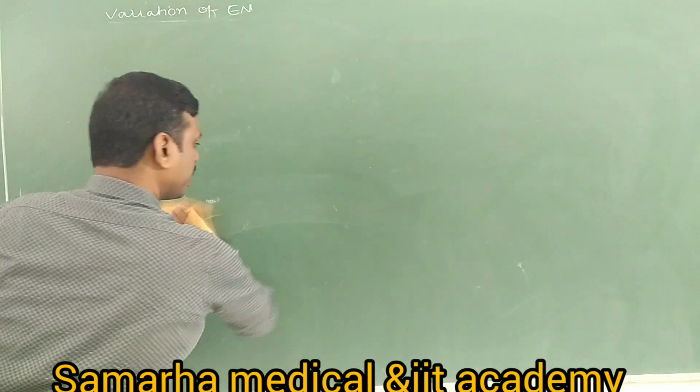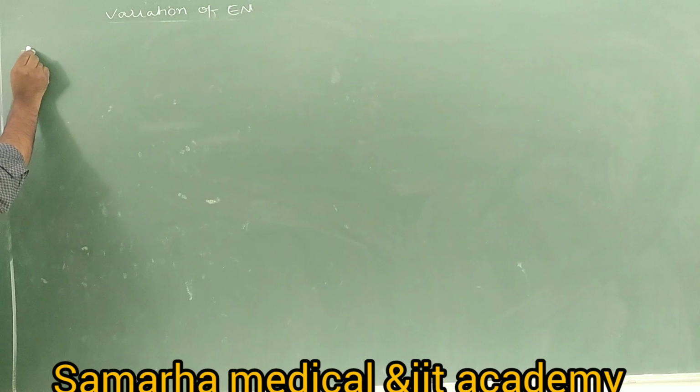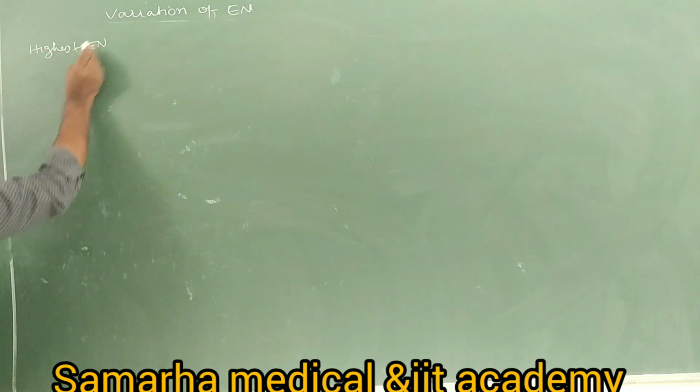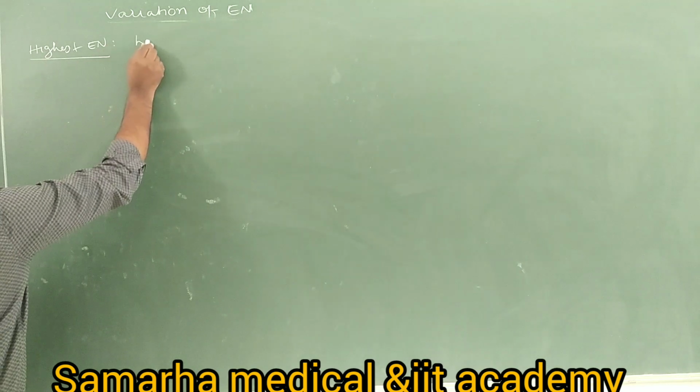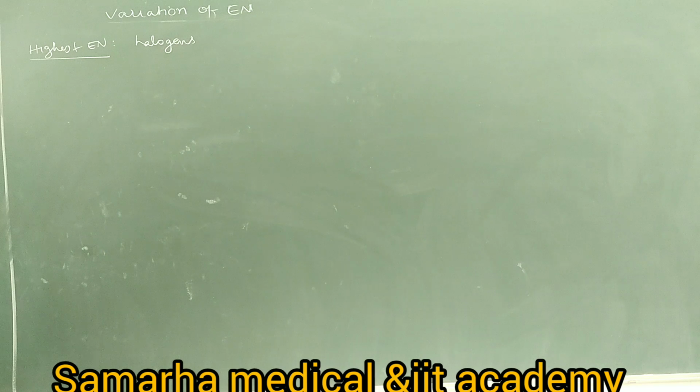Can you tell me in the periodic table which group elements have the highest and least electronegativity? The highest electronegativity is of halogens, no? In the periodic table, halogens have the highest electronegativity.